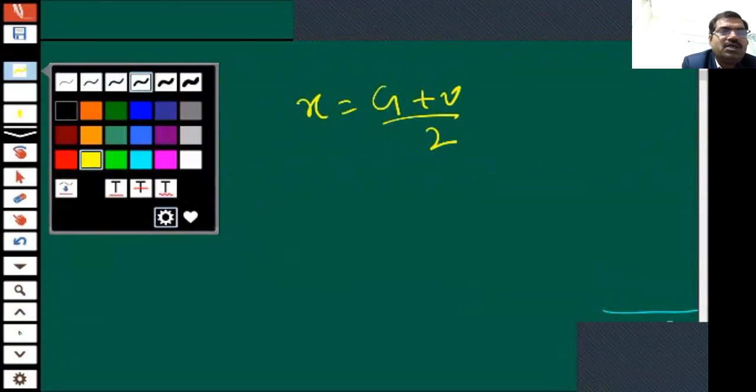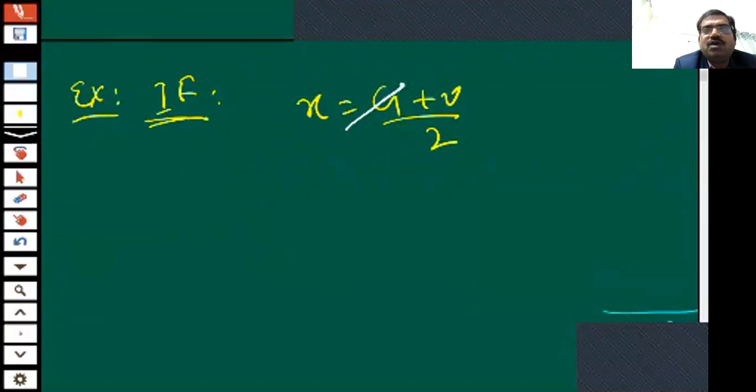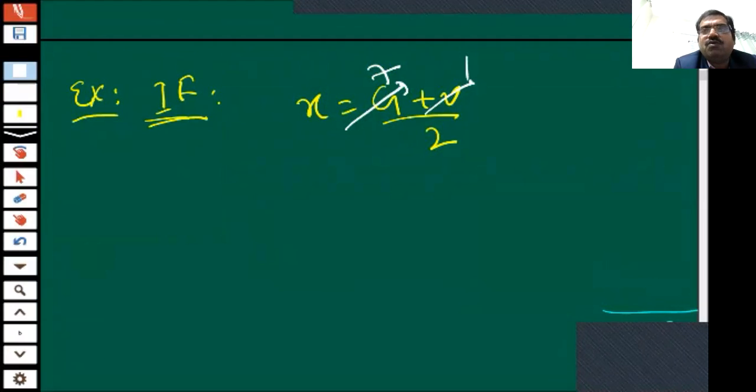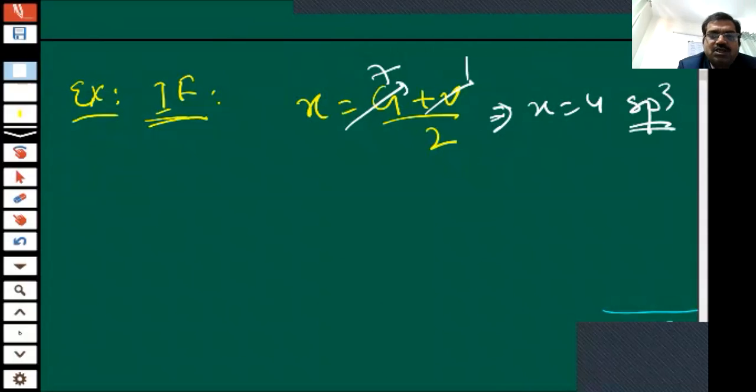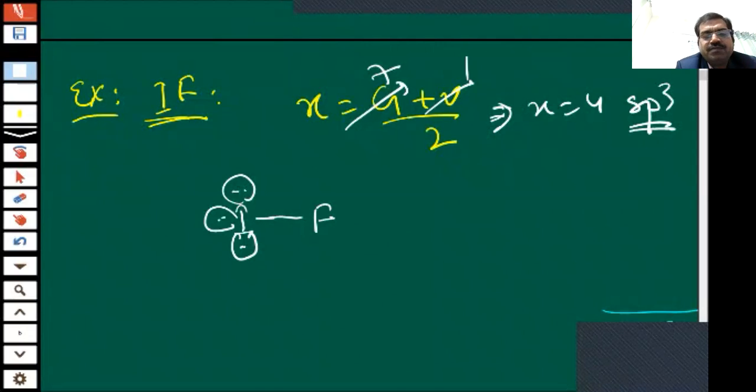G equal to 7, v equal to 1, 7 plus 1 is 8, 8 divided by 2 is 4. So x is equal to 4 means sp3 hybridization. Iodine will be there and this will be fluorine. So 3 lone pairs and 1 bond pair on iodine.